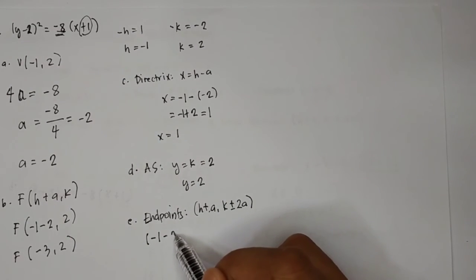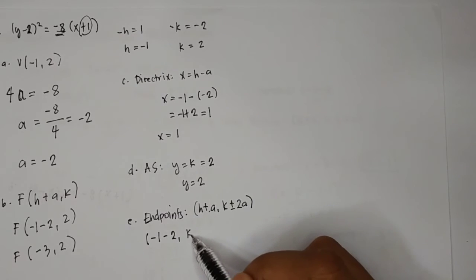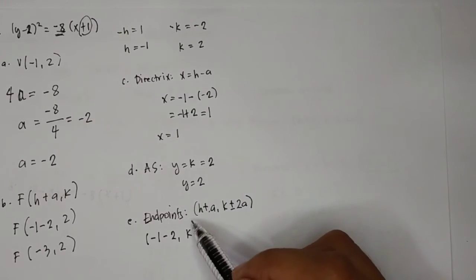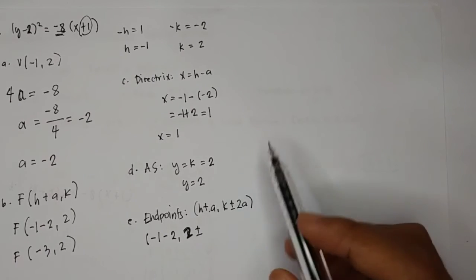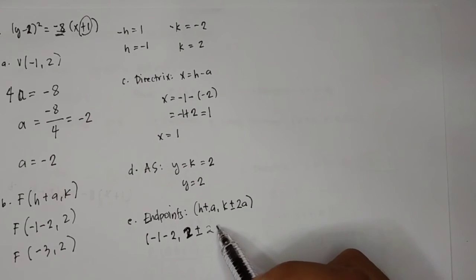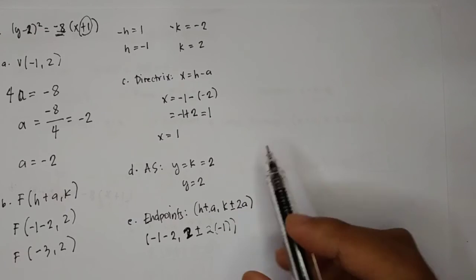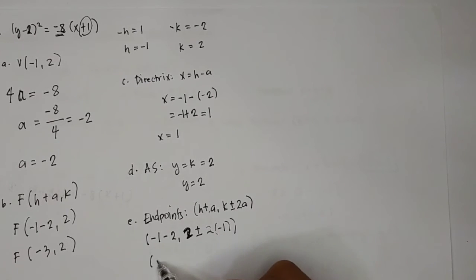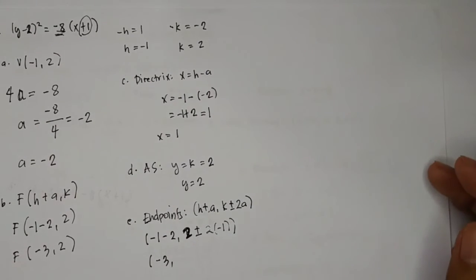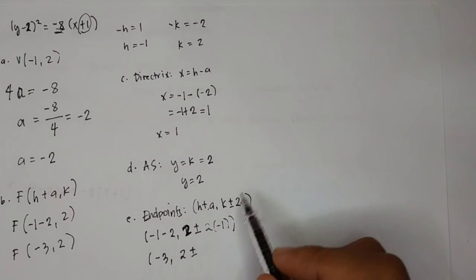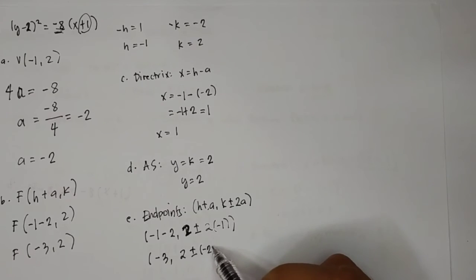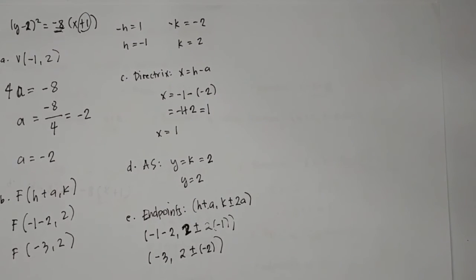So, minus 2 tayo, comma, k plus minus, okay, ano yung k pala natin? We have 2. So, palitan na natin yung k ng 2. Then, plus minus 2 times negative 1. So, we have negative 1 minus 2, negative 3, comma, 2 plus minus negative 2 times negative 1. That is negative 2. Okay.